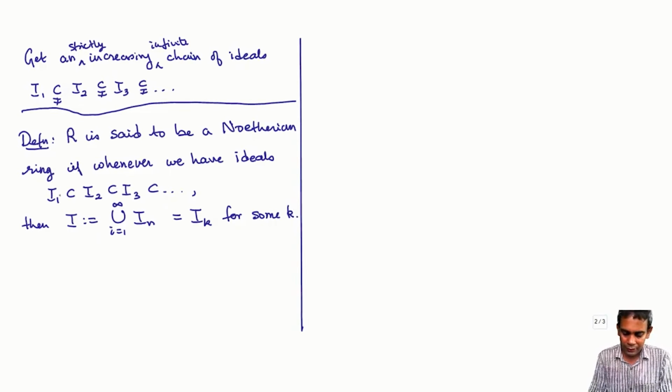So whenever we have an increasing chain of ideals, it must stabilize at some point. So you cannot have this strictly increasing infinite chain of ideals. Okay, this is the Noetherian condition. It's named after Emmy Noether.